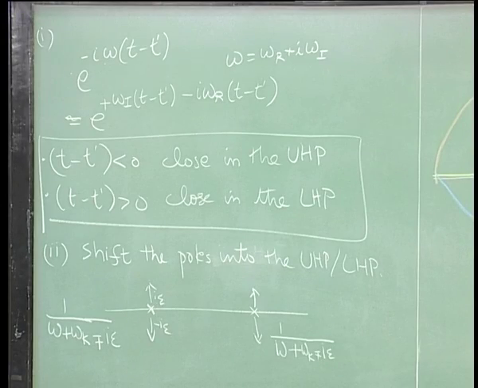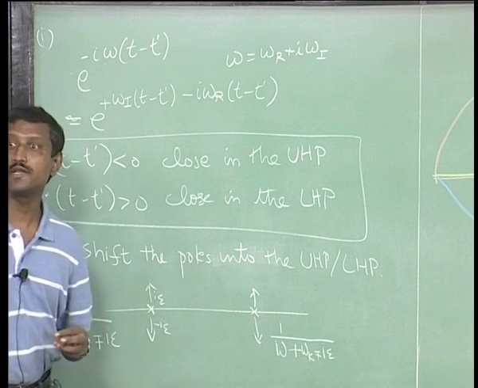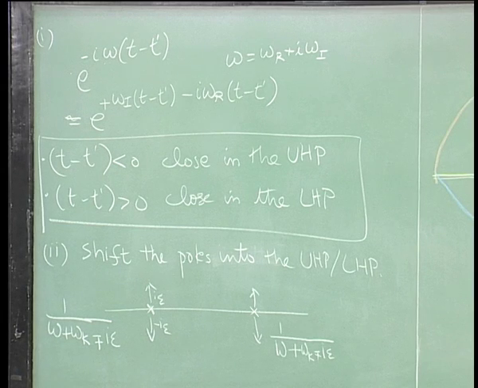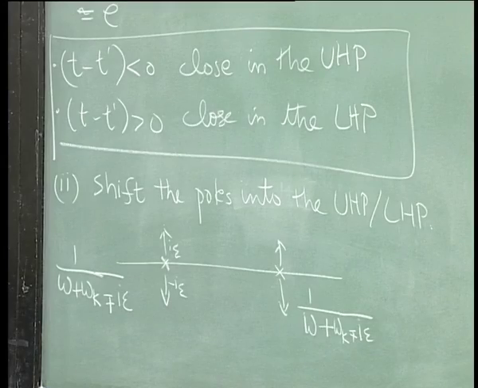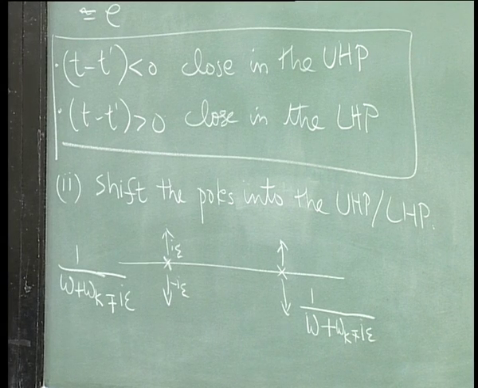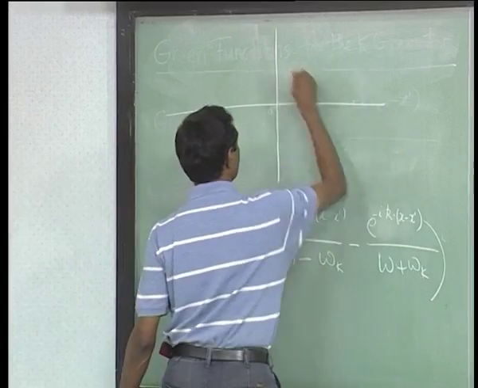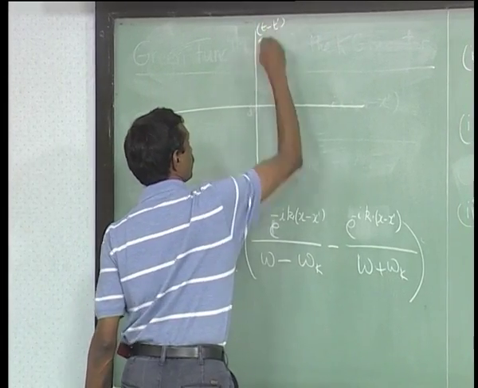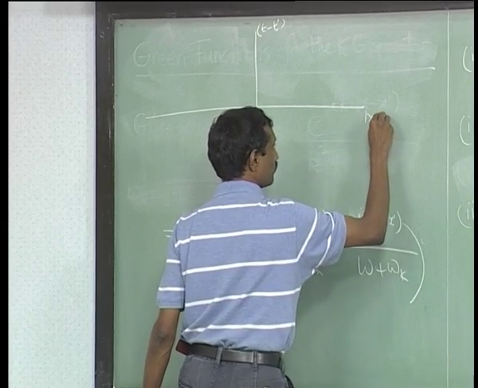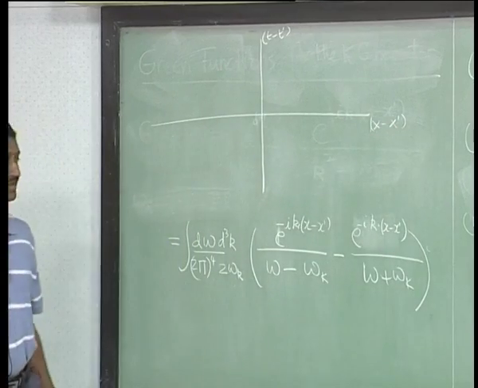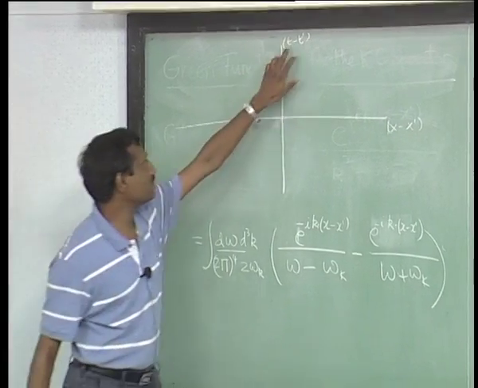Okay. So, the first thing is to look at what we will call the retarded Green function. So, let me draw another picture. Again, I will just draw it in one spatial dimension. So, this is t minus t prime.